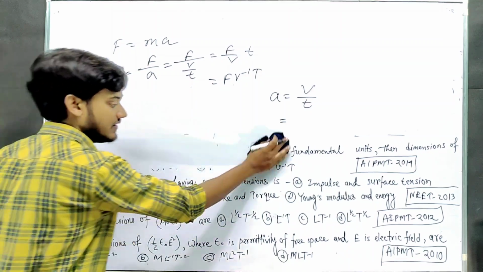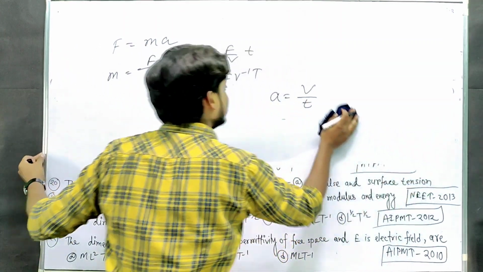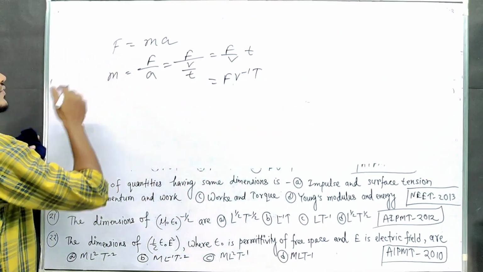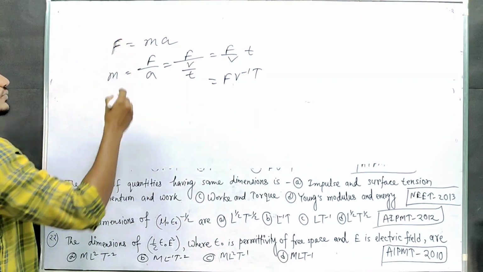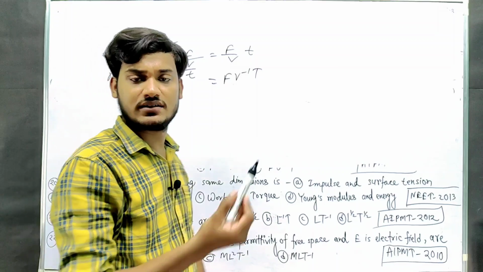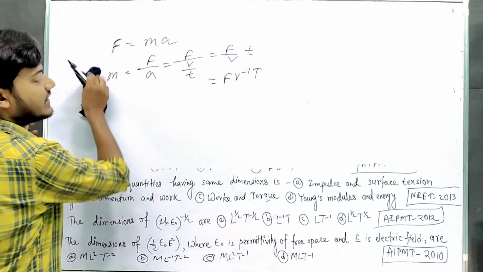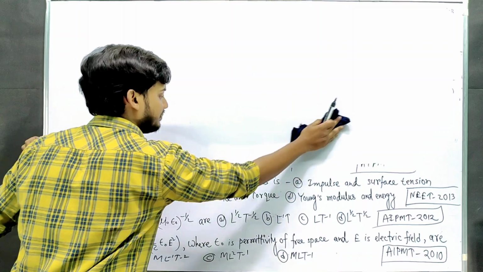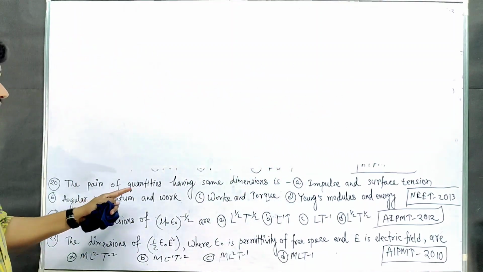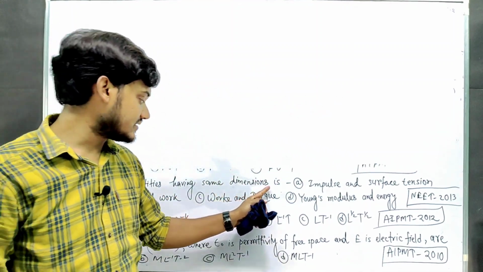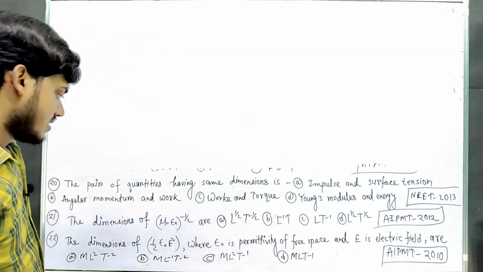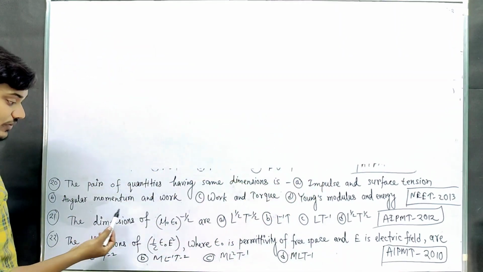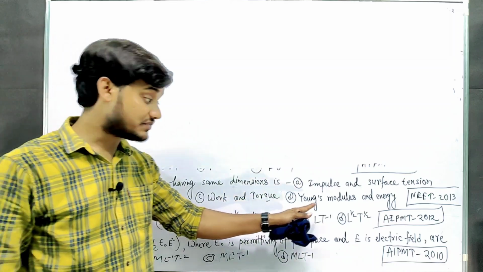Okay, next 19, देखो कितना शॉर्ट, एकदम शॉर्ट में हो रहा है। अगर इस फॉर्मूला का यूज़ करें तो आप वैसे भी कर सकते हो, x y z बोथ साइड कंपेयर, देन यू कैन राइट, ओके, एज यू विश, जो अच्छा लगे वही करो। Next, the pair of quantities having same dimensions: work, impulse and surface tension, angular momentum, work and torque, Young's modulus and energy.